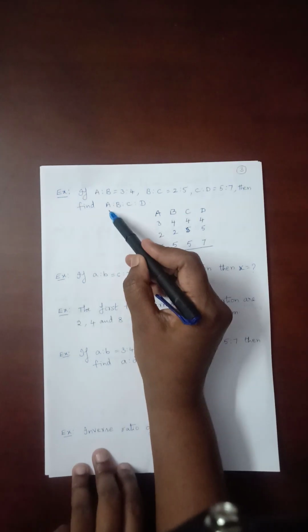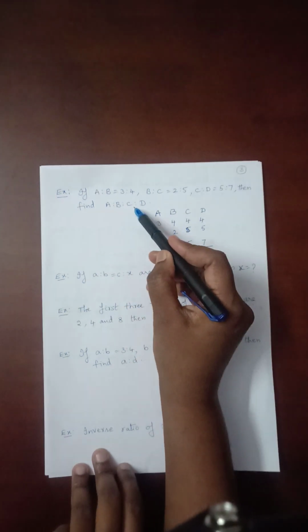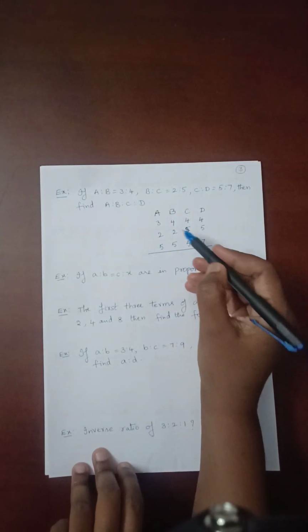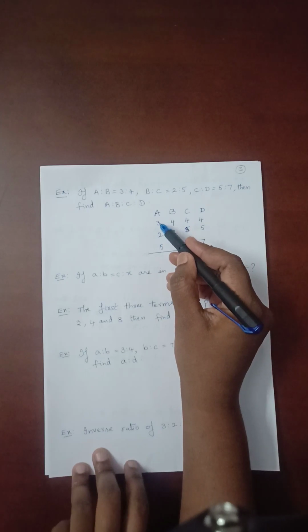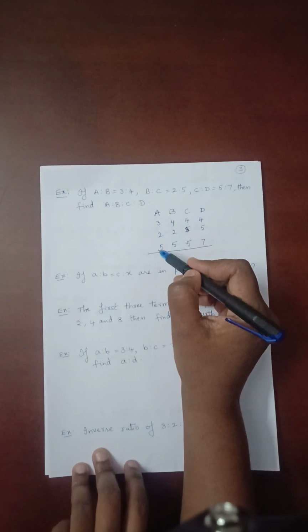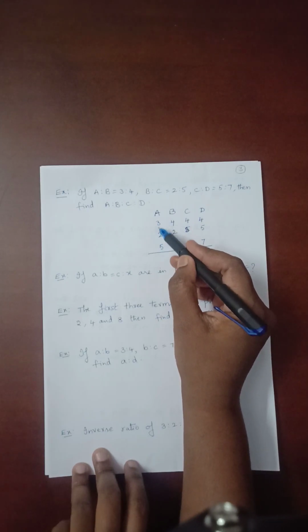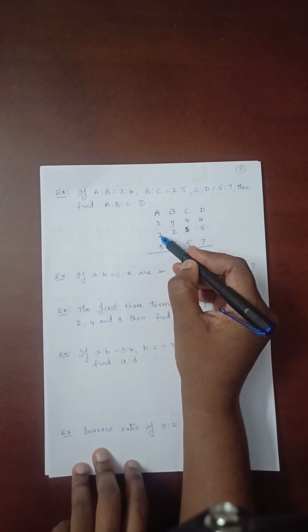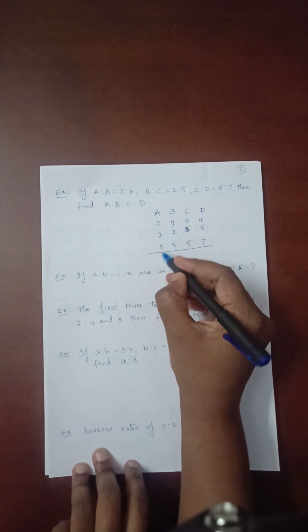So they are asking A is to B is to C is to D. Now the product of everyone. 3 2s are 6, 6 5s are 30.